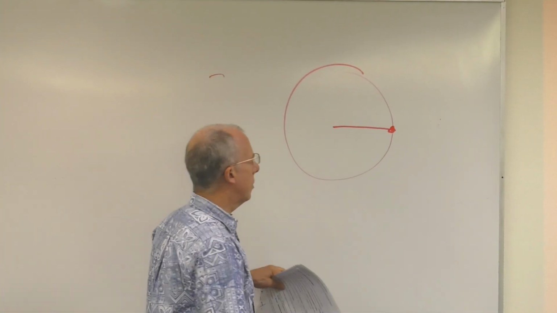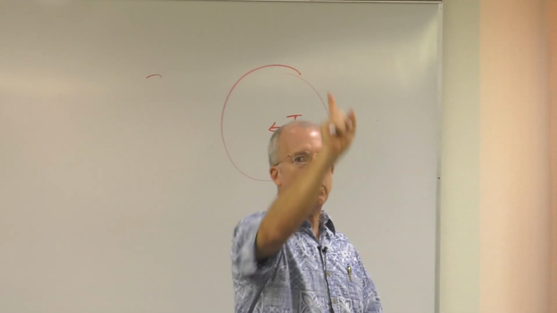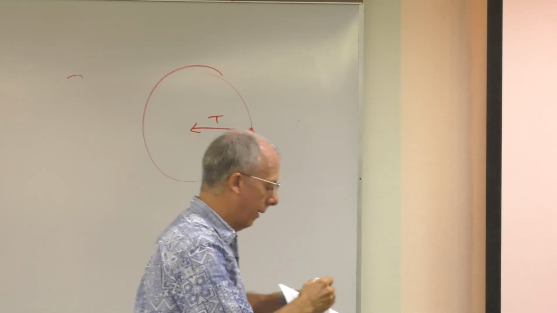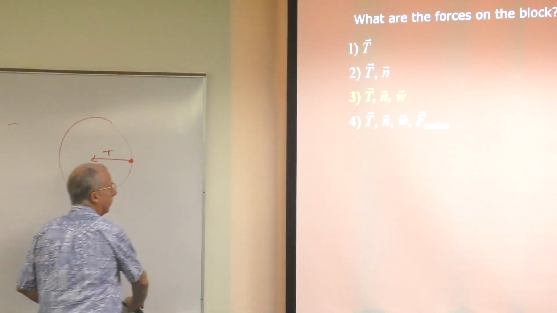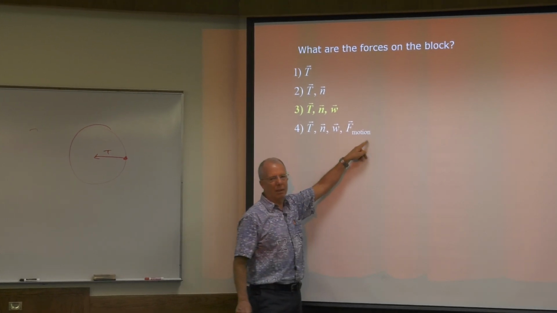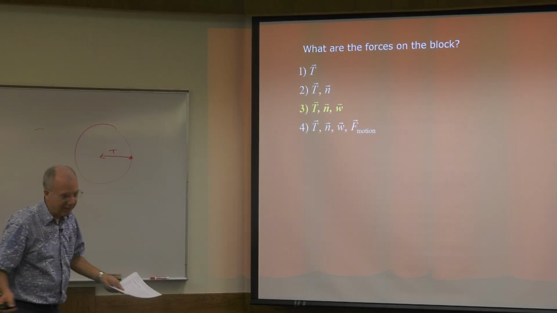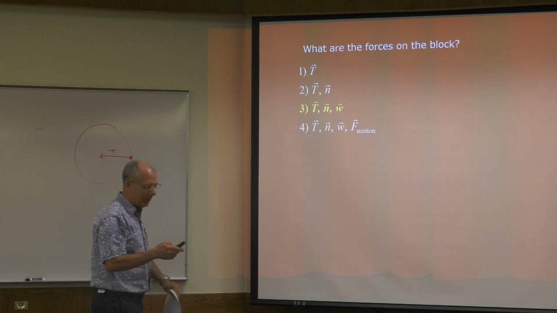There's the tension, then obviously there's the normal force, and there's weight. That's it. Now what is this? Force of motion? No such thing. It's called a distractor. It's garbage.